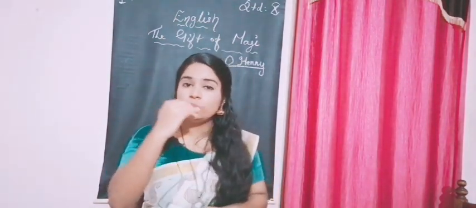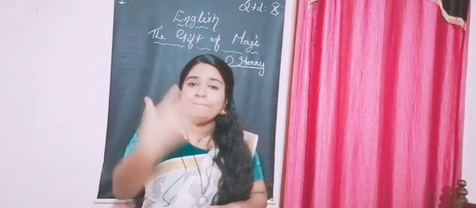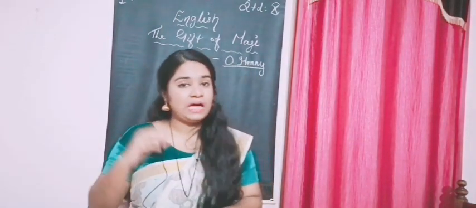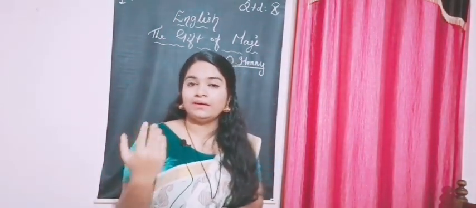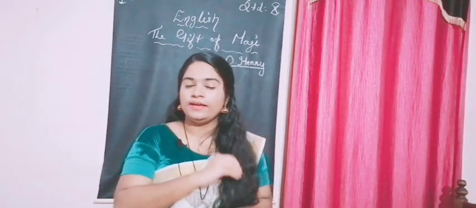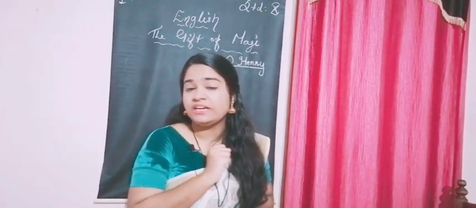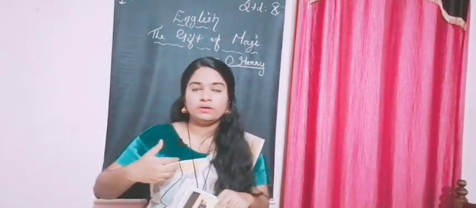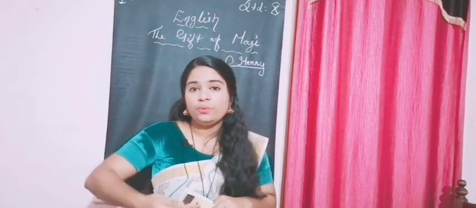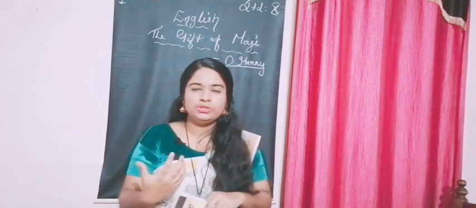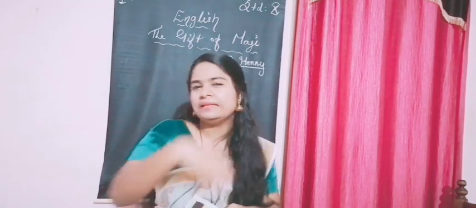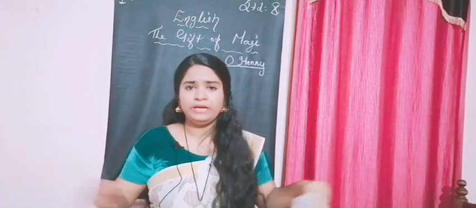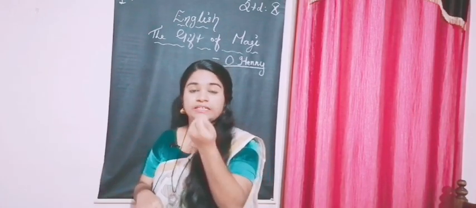Even though there was a reduction and they had planned to lead a simpler life, still when James after work goes home and enters the flat, his wife Della calls him Jim, runs to him and gives him a good hug. So this shows that they had undergone a change. As I told you, $30 and $20, there's a long gap, right? For $10 they had reduced that good salary.